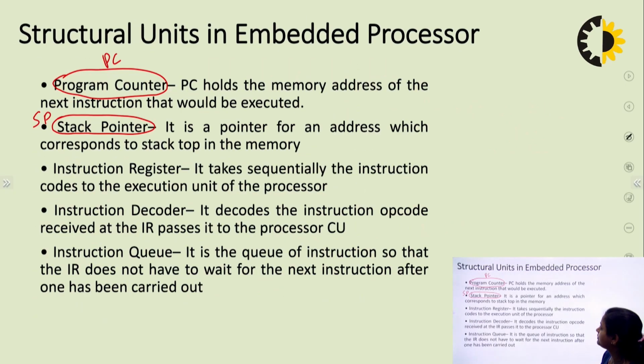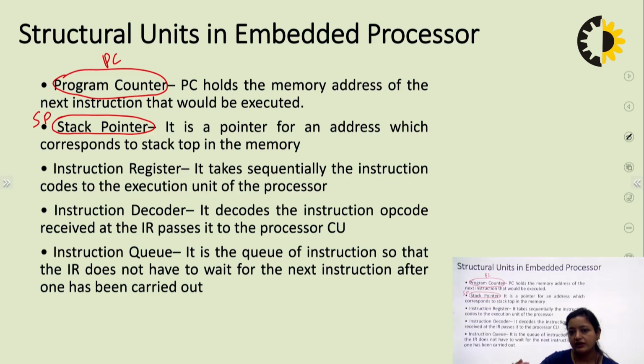So what is the role of program counter and stack pointer? Program counter is a register which holds the address of the next instruction to be executed. What does this mean? This means that whenever your processor is executing a program, it is executing a program line by line. So there are various addresses allocated to these different instructions.